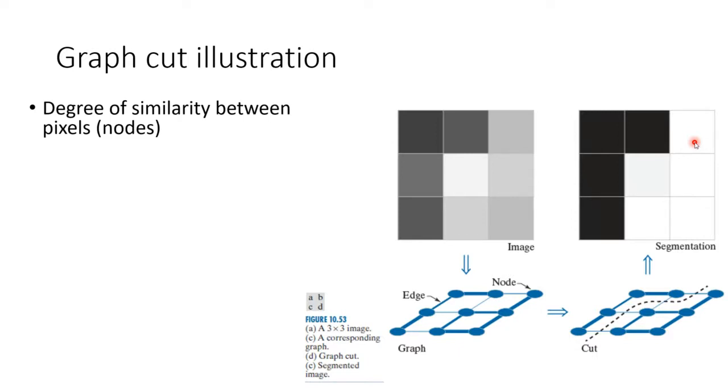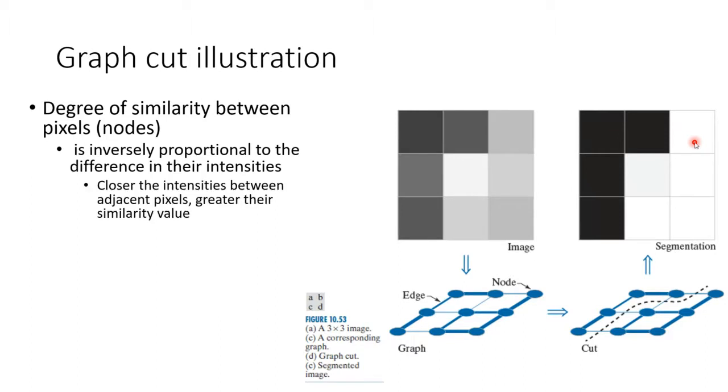Okay, so just to make it clearer, the degree of similarity between pixels or nodes will be inversely proportional to the difference in their intensities. The closer the intensities between adjacent pixels, the greater the similarity value. The degree of similarity could be defined as a function of the gradient as well. Basically, you can define whatever degree of similarity you want. So it's a very versatile method.